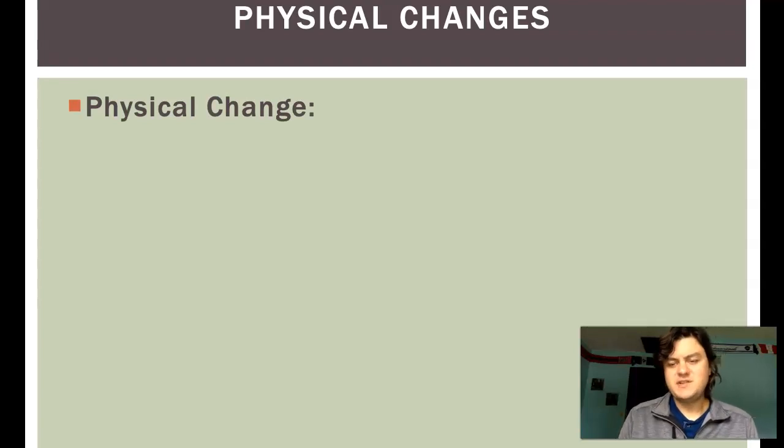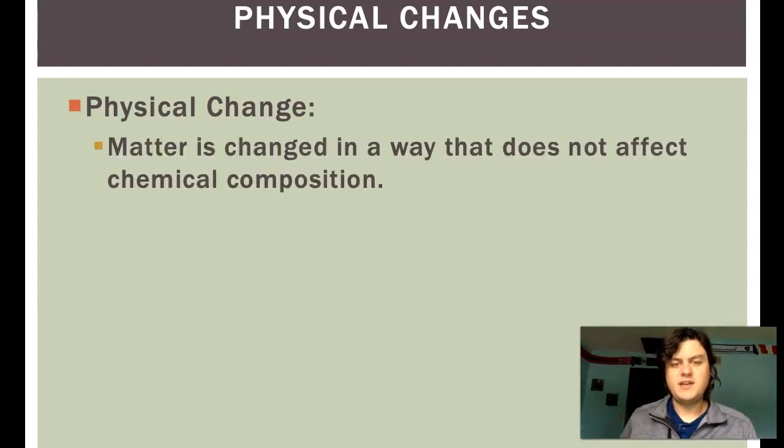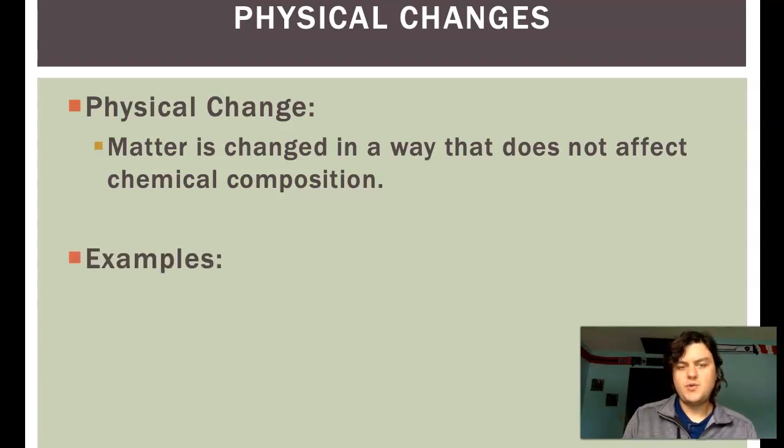Physical changes really follow in this line of thinking. When we cause a physical change to happen or observe a physical change, we are noting that matter changes in a way that does not affect the chemical composition. So something could be cut.